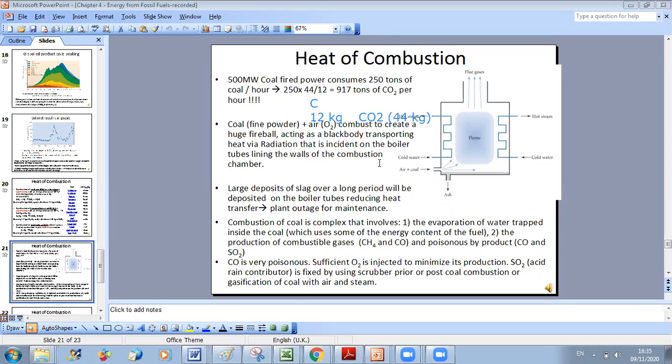This is why we try, in general, to give a sufficient amount of O2 to minimize the production of CO. And SO2 is an acid rain contributor, and it is addressed by using a scrubber prior to or post coal combustion, or gasification of coal with air and steam. So we have several strategies that can be used to reduce the production of these pollutants.